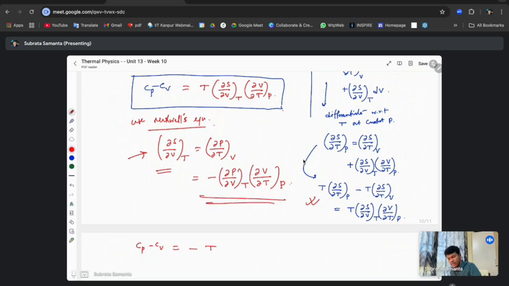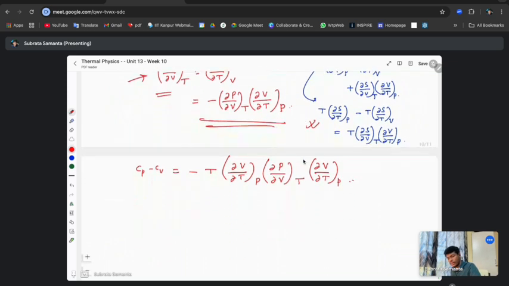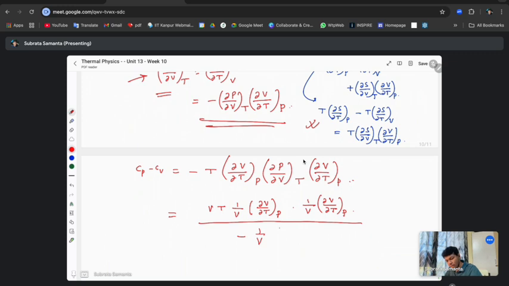So minus T times del V del T at constant P, times del P del V at constant T, and del V del T at constant P. So you can rewrite this as V times T and 1 over V, because we multiplied by V and divided by V, so 1 over V times del V del T at P, times 1 over V again del V del T at P, divided by minus 1 over V del V del P.